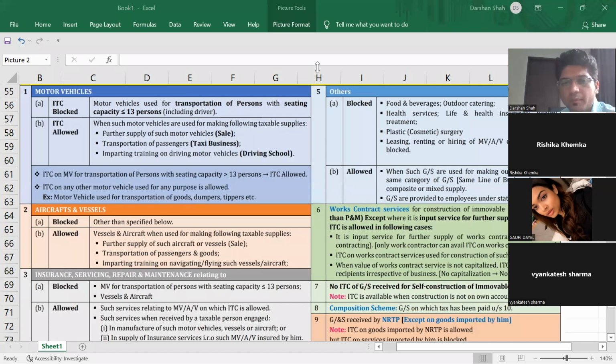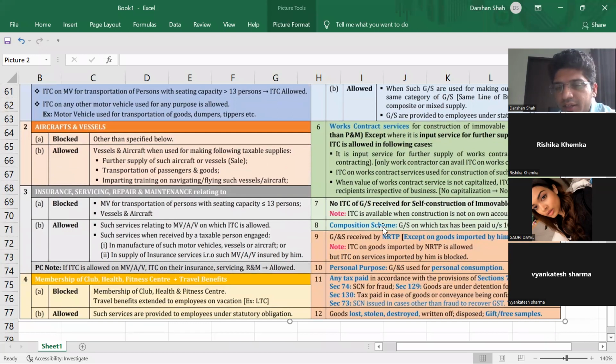See if it is logical till here. Similarly, any contract services for construction of immovable property, such as builder services, are also going to be disallowed.